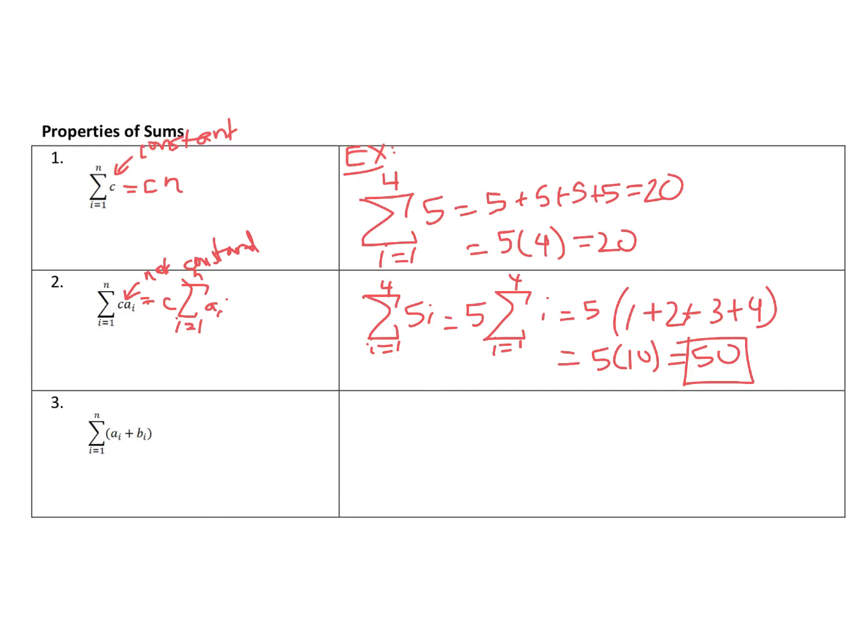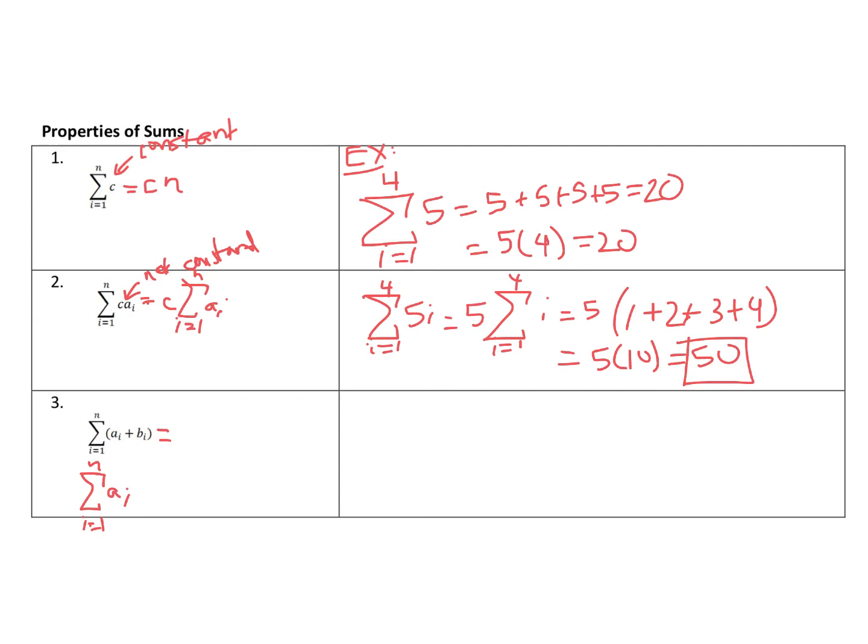Okay, number 3. If you have two things added together, you are allowed to split them up into two sums. I'll go ahead and write that out. By the way, this only works if you're adding things, not if you're multiplying them.